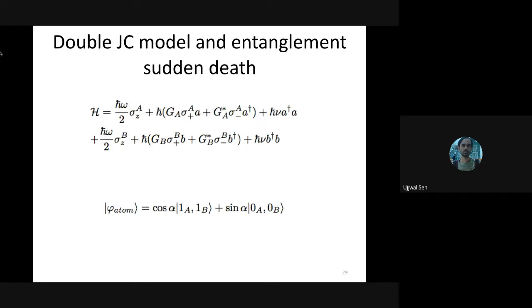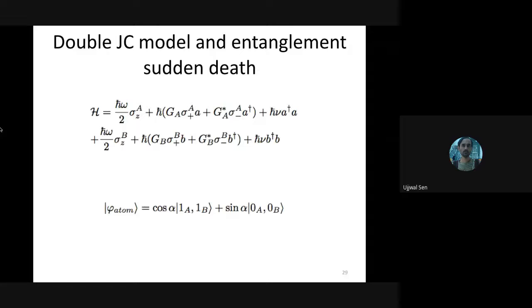If you look at the first line here, it's essentially a single Jaynes-Cummings model, and the second line of the Hamiltonian is another Jaynes-Cummings model. The first line has the atom A in the cavity that has creation and annihilation operators a and a dagger.